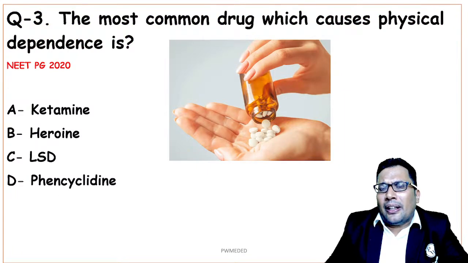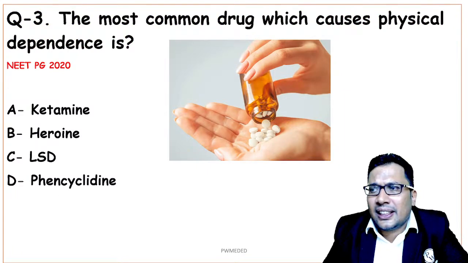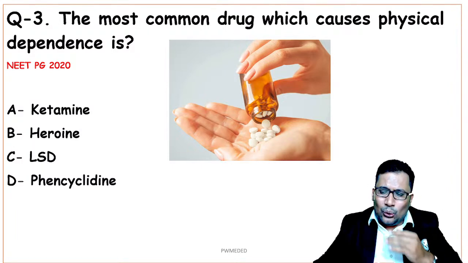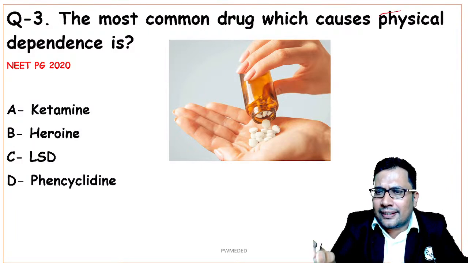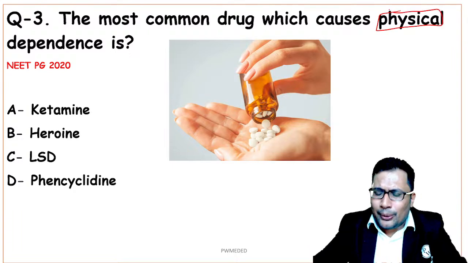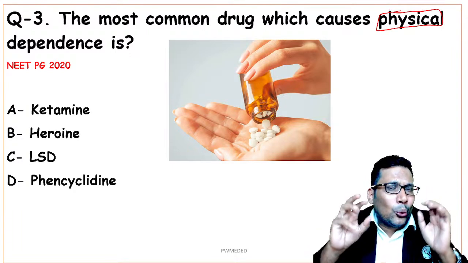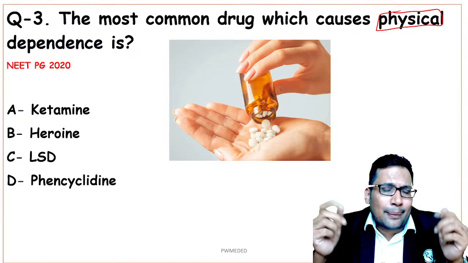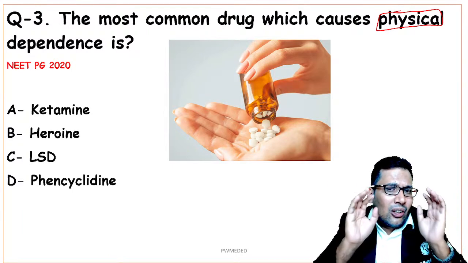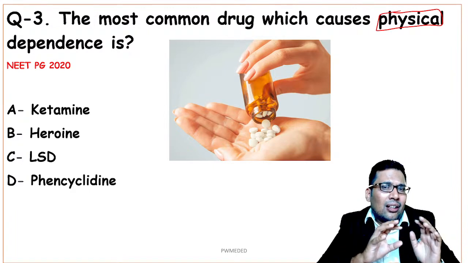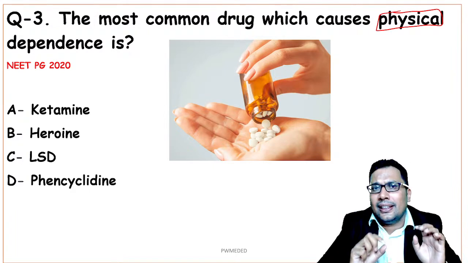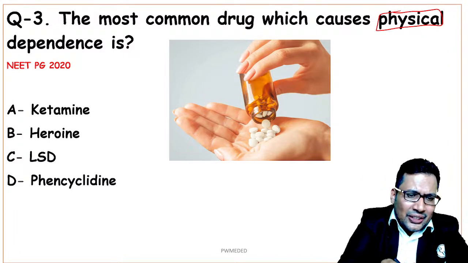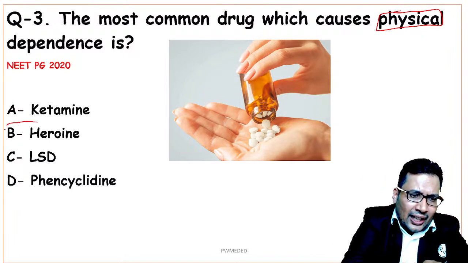The most common drug which causes physical dependence. Here the question is about dependence. Remember, dependence can be of two types: physical dependence or psychological dependence. The options are ketamine, heroin, LSD and phencyclidine. The best answer for this question is heroin.